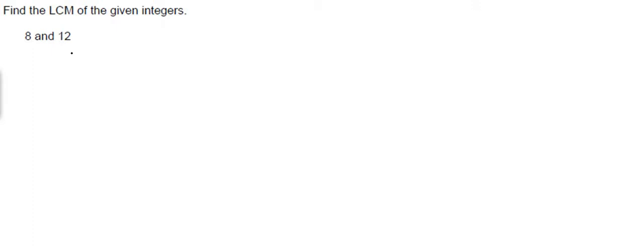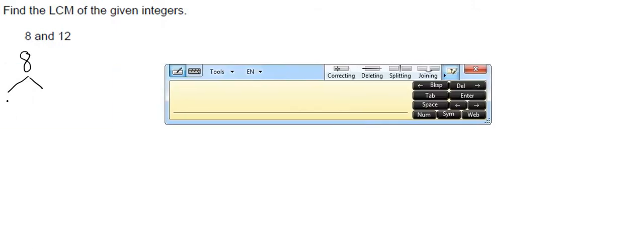So here I gave you two numbers, 8 and 12. How to factor 8 and 12? Now let's take a look. For 8, we can factor as 2 and 4.